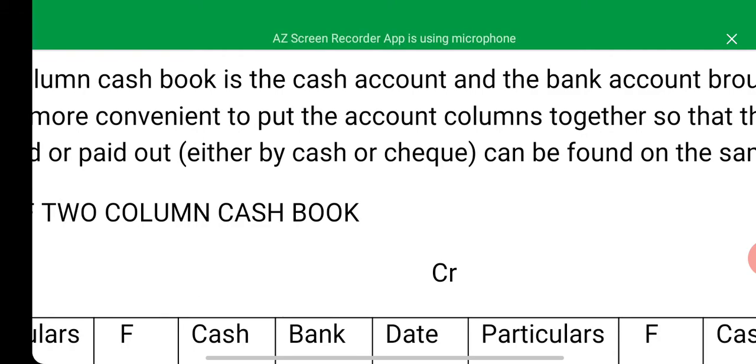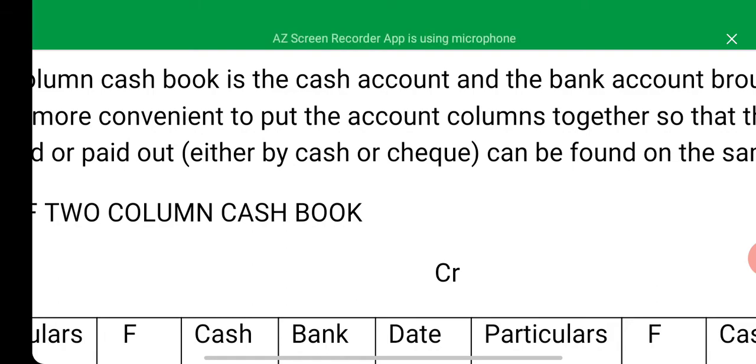And when a check is given, maybe the organization bought particular goods and paid by check, it is treated the way cash paid is treated. In essence, a check given out will be credited as well.